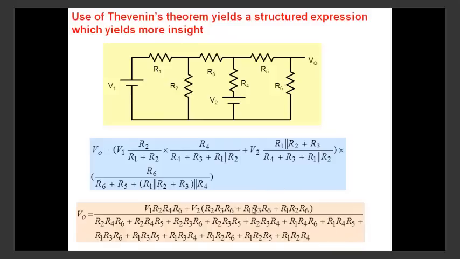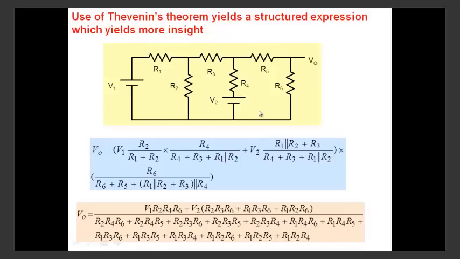And what is the advantage of one? Can you see that this is a structured expression? There is a structure there. It tells you that there is an R1 parallel R2. There is a voltage divider R2 by R1 plus R2. There's a structure in the answer, and the structure of the final expression is related to the structure of the circuit.